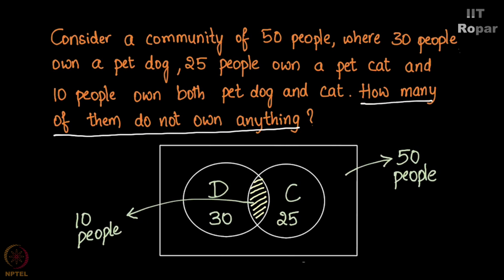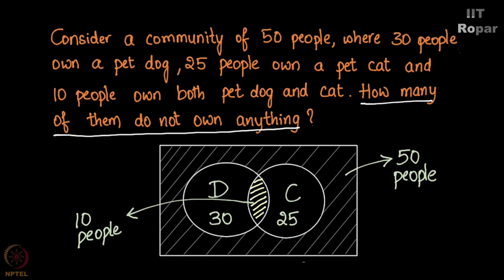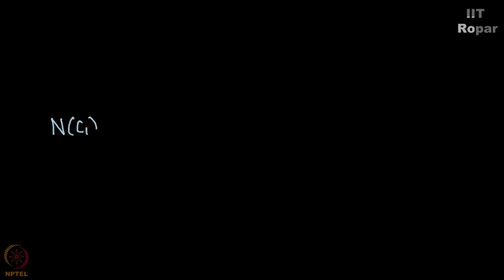So, basically, we should be finding out this area, right? How many of them are there here? So, N of C1, as you know, is 30 here because we have 30 who have a dog as a pet. N of C2 is 25. I did not mention what C1 and C2 are here.